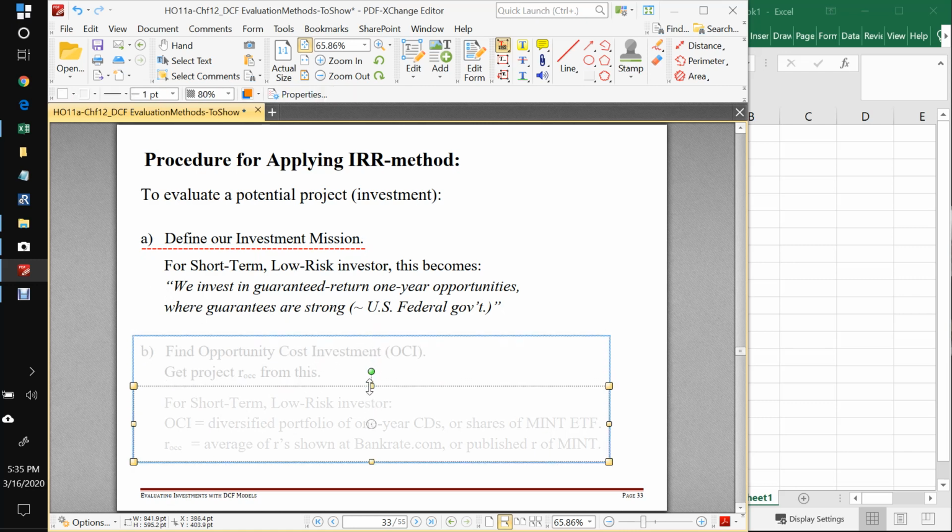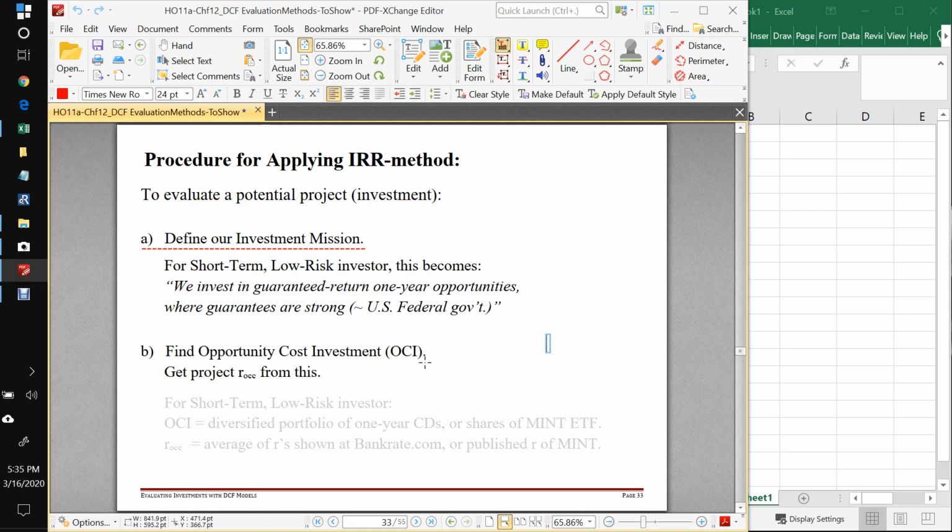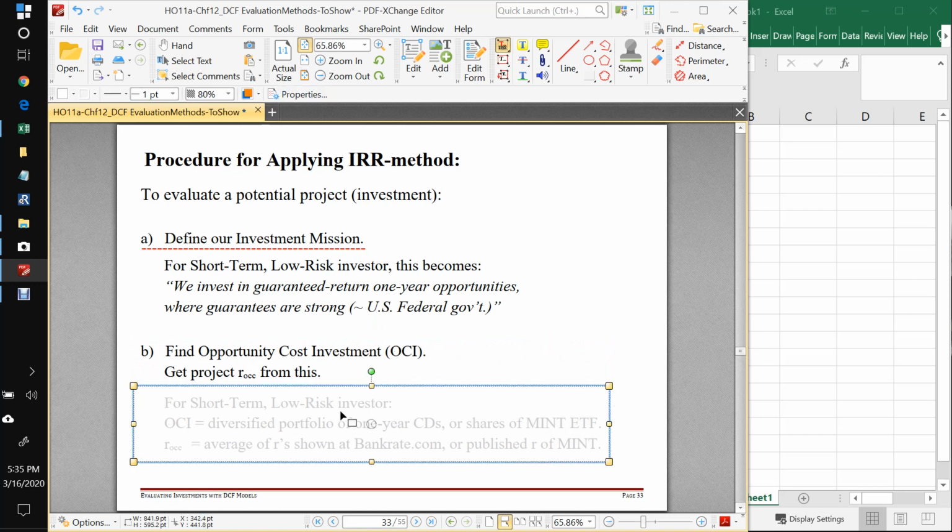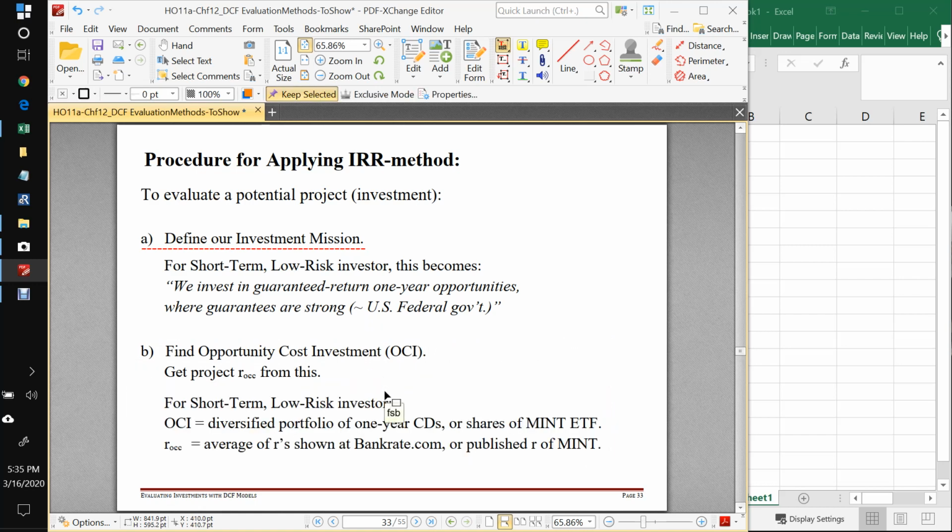And once we know our mission, we find our opportunity cost investment and get our opportunity cost of capital from that. For our short-term investor, opportunity cost investment was that diversified portfolio of one-year CDs or simply shares of the Mint ETF. And the opportunity cost of capital would be the average of the interest rates on the CDs or the published rate of the weighted average interest rate of the Mint ETF.